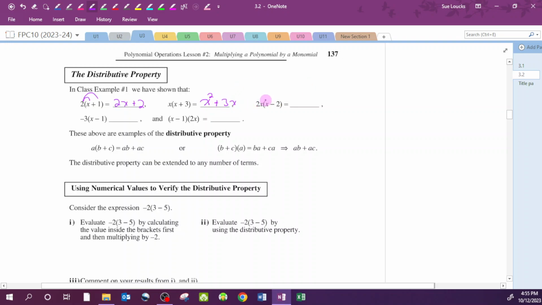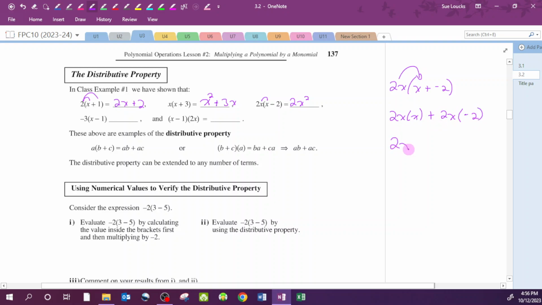And 2x times x minus 2 in brackets, it's 2x times x, which is 2x squared. Now, sometimes it's helpful to think of this as 2x times x plus negative 2. Because then what I have is 2x times x, and I have 2x times negative 2.